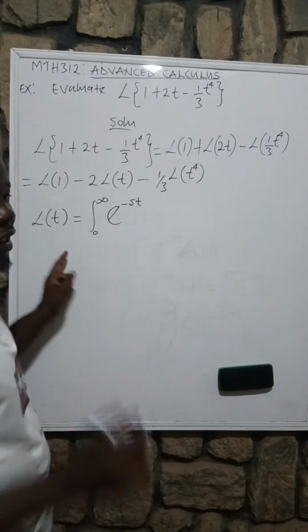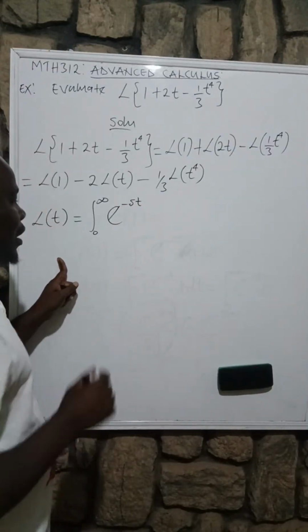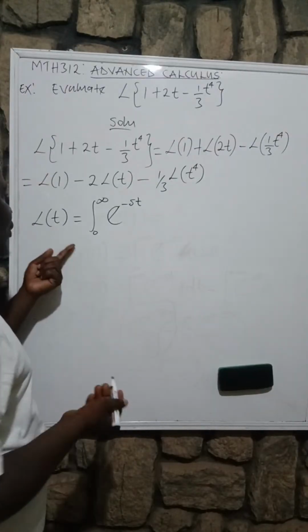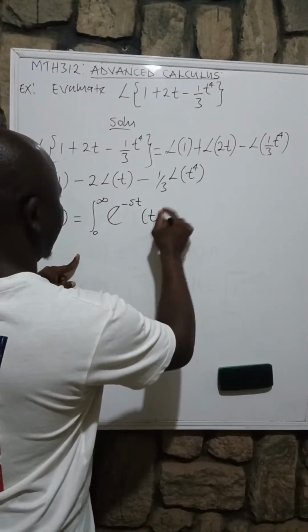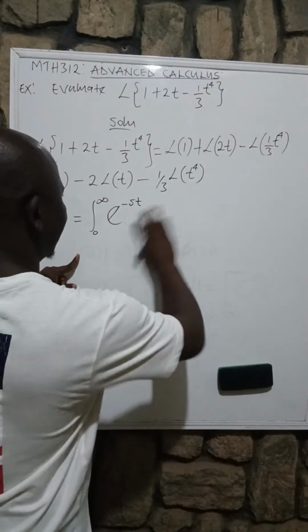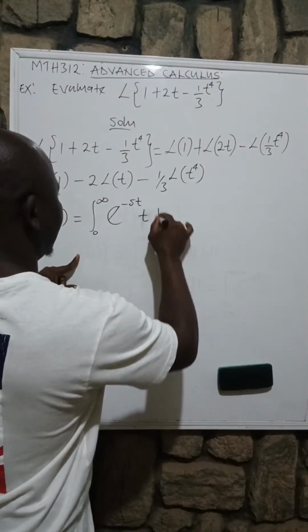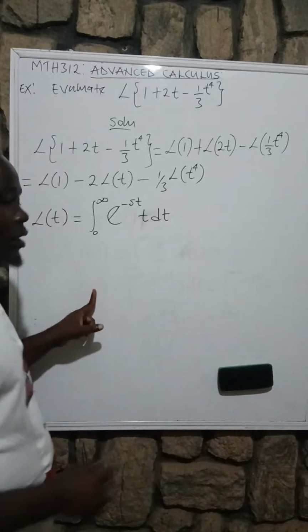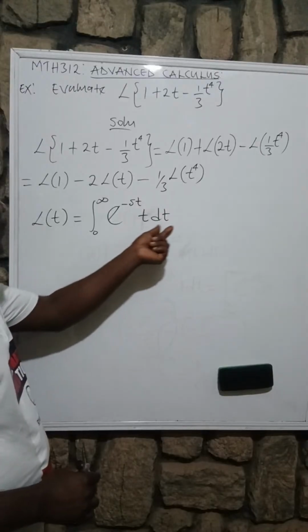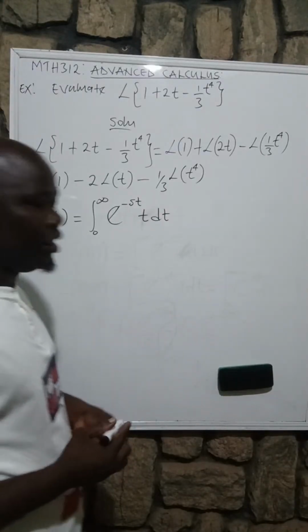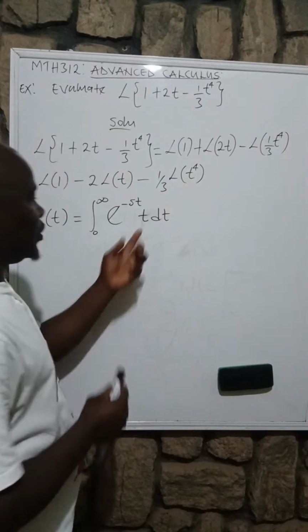I don't want to cram it. That is why I'm doing this. So our f of t here will be t, times t dt. So when you have functions like this, you don't need a prophet to tell you. It means you are going to use what?